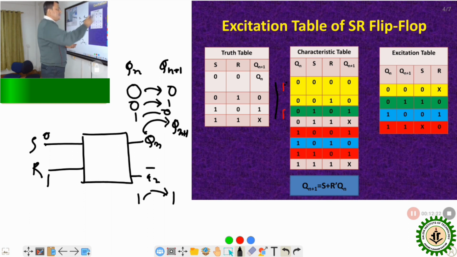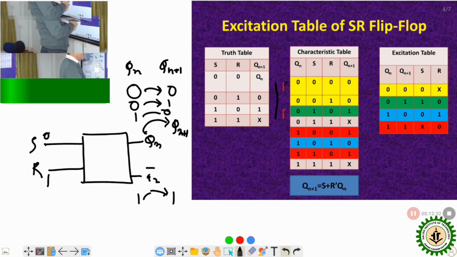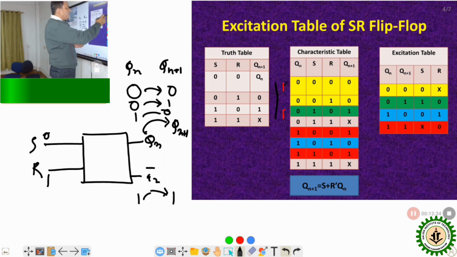Present state is 0, next state is 0. Now, what are the probable combinations of S and R? In the first row, S and R are both 0. Yes, we know if it is 0, 0, Qn+1 will be equal to Qn. That is the no change condition. And if you apply 0, 1, the output will also be 0. So for both rows, if Qn is 0, Qn+1 is also 0.